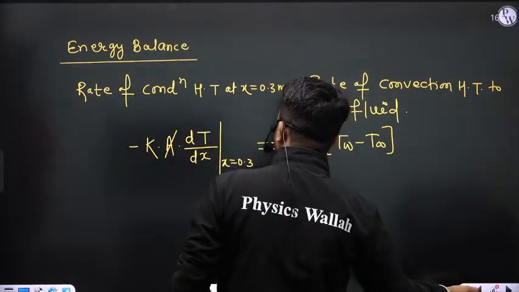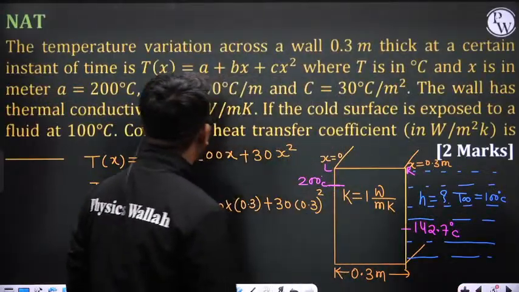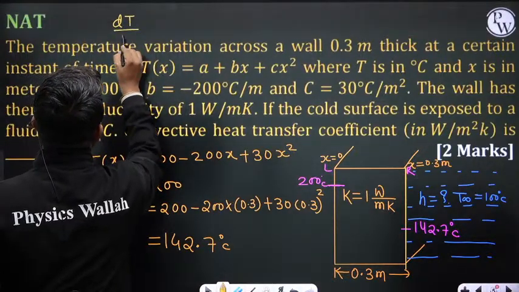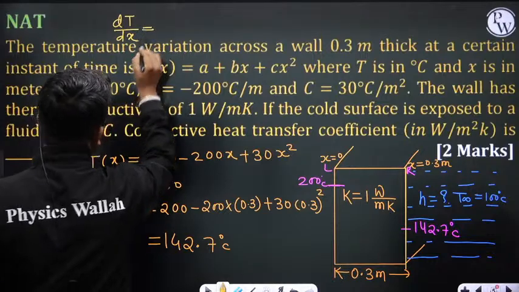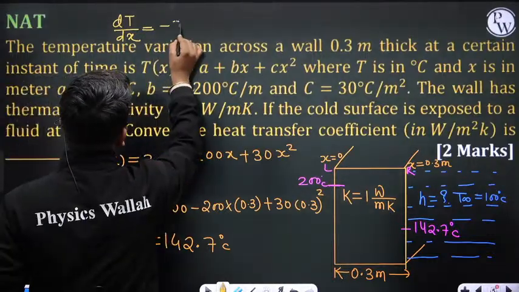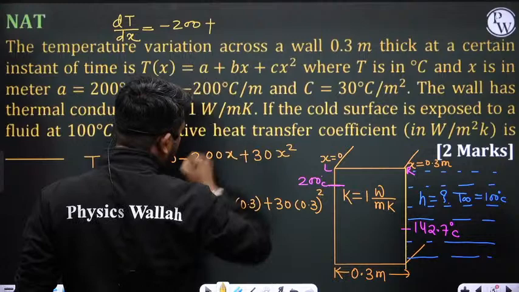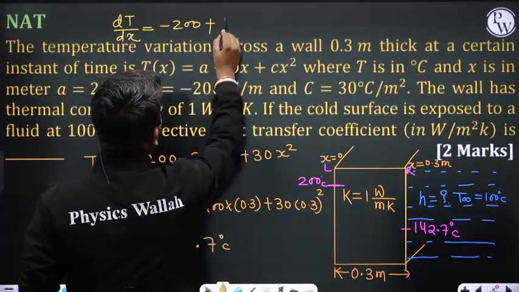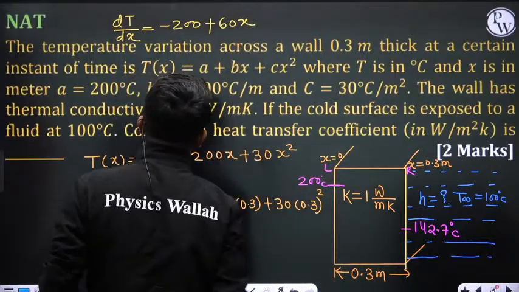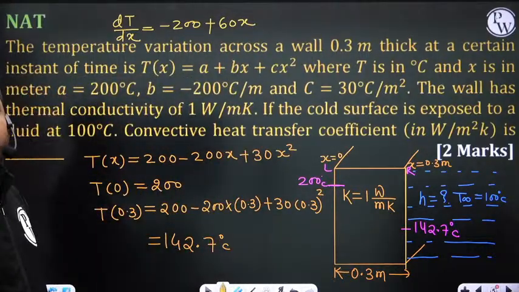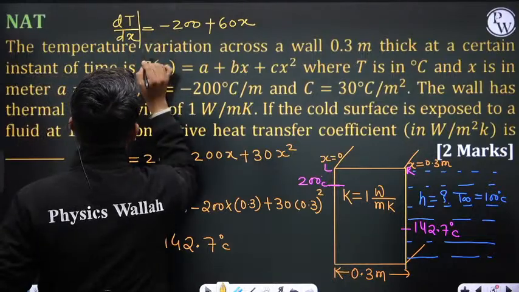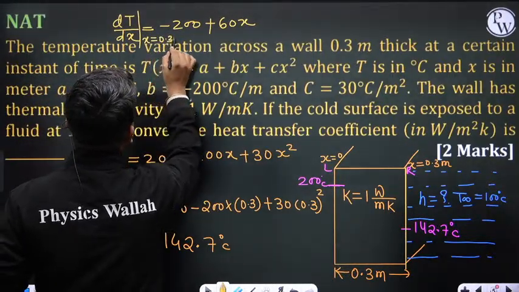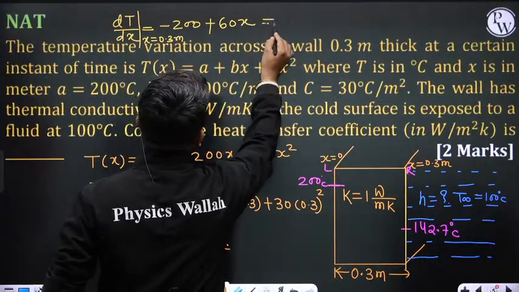Now calculate dT by dx at x equal to 0.3 meter. The temperature variation is given, so dT by dx is minus 200 plus 60x. Since dT by dx is asked at x equal to 0.3 meter, put the value of x as 0.3.